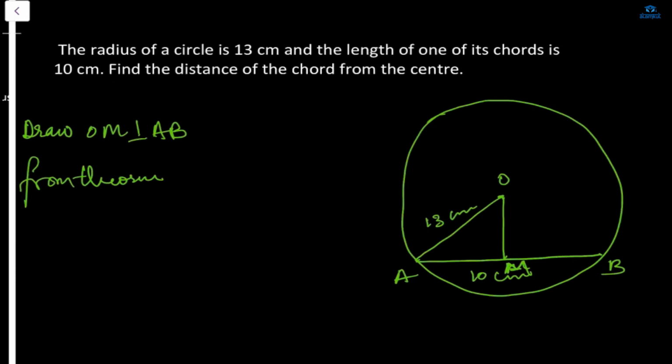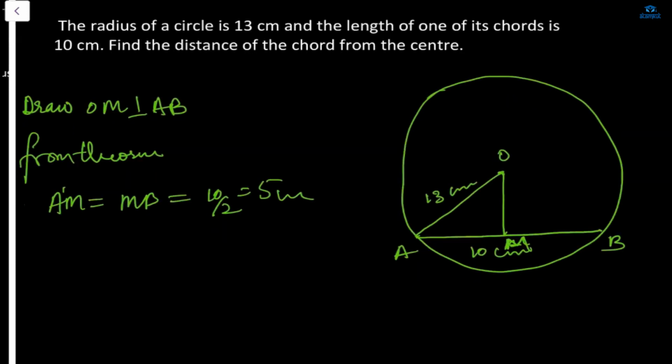From the theorem we have studied, if we draw a perpendicular line on a chord, then that perpendicular will bisect the chord. Yes or no? So from the theorem, AM is equal to MB, which is equal to 10 by 2, which is 5. So AM is equal to 5 centimeter, and we already know that OA is 13.